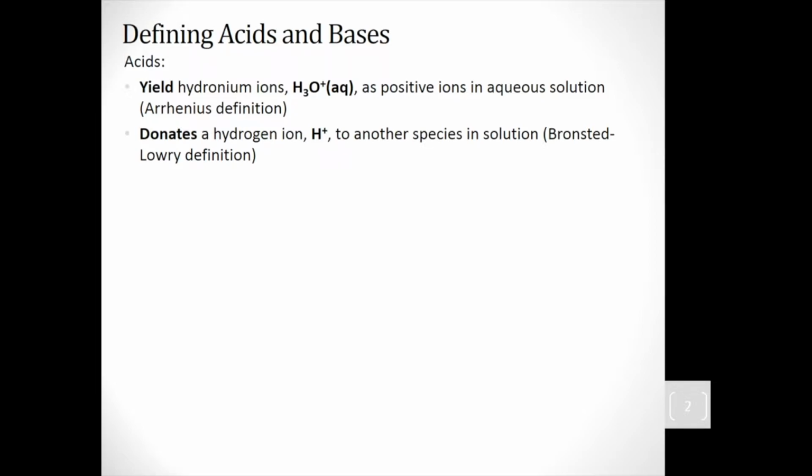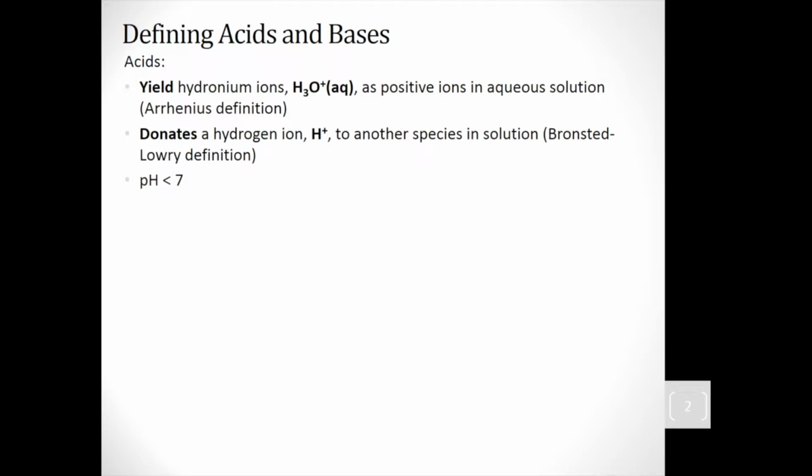There are a couple of different definitions that you can use for acids and bases. For acids, if it yields hydronium ions, H3O+ aqueous, as positive ions in an aqueous solution, this is the Arrhenius definition of an acid.